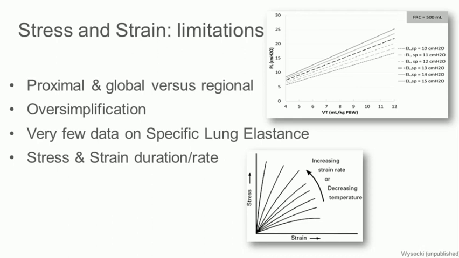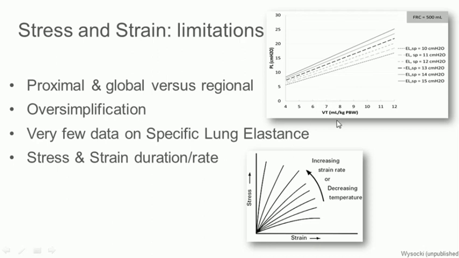So why not make the assumption that this specific elastance is constant across different diseases in our patients, but honestly, I believe we need some additional information on that. And basically, on the right side, I've done simple computations on how much error we are going to generate if we are wrongly estimating the specific elastance.